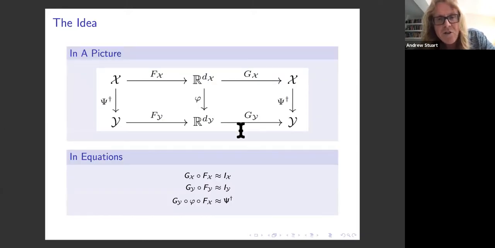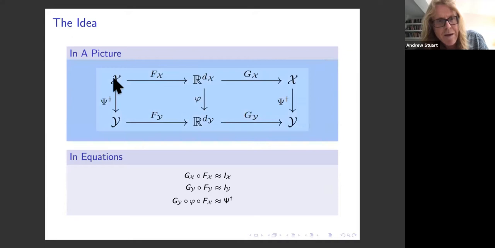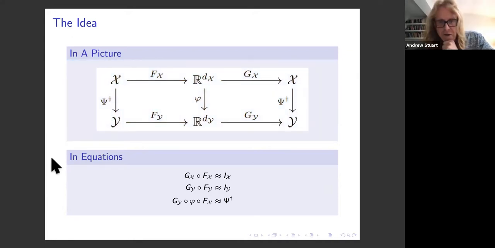A very simple and natural idea underlies this. Again, we're interested in learning the operator psi dagger, which maps X to Y. That's on the left-hand side of this figure. The approach is to find autoencoders on the input and output spaces.